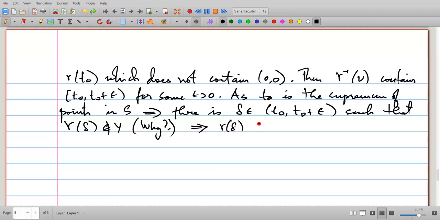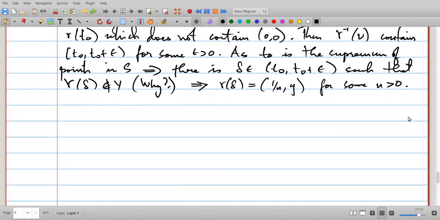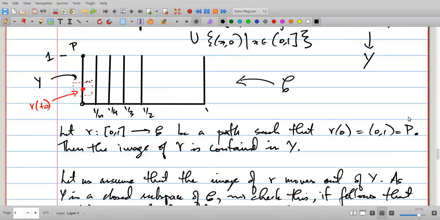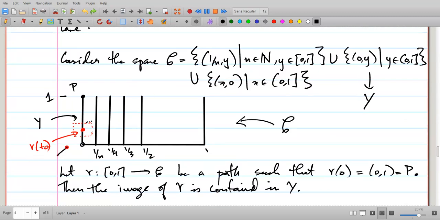So this implies that gamma of delta is of this form: 1 upon n comma y for some n positive. So let us take this square and magnify it. So what we will get is something like this.